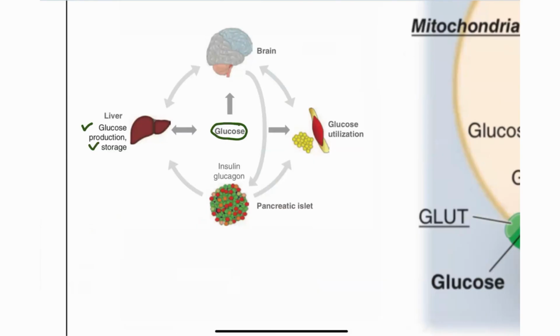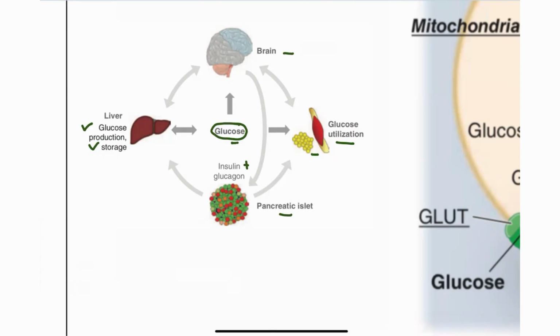Next, once glucose is released into the blood, it releases insulin. Insulin helps glucose be taken up and utilized, for example, by the muscle, by the lipid tissue, and by the brain. So the metabolic function occurs.